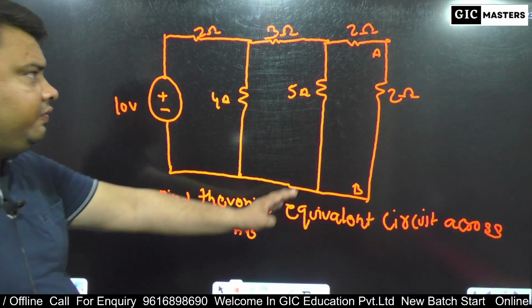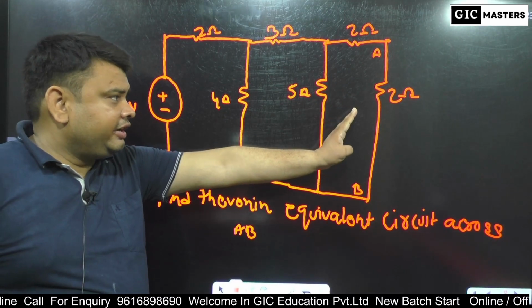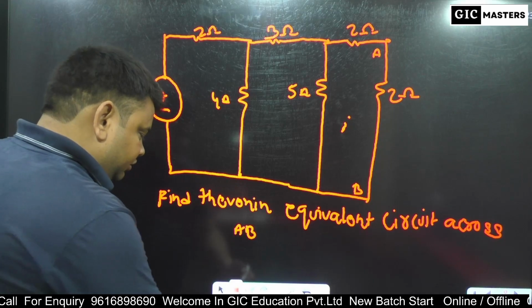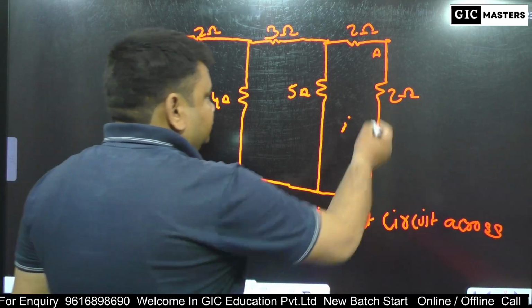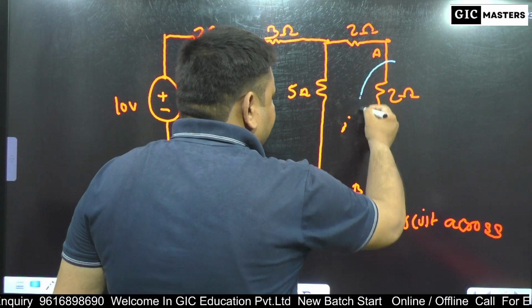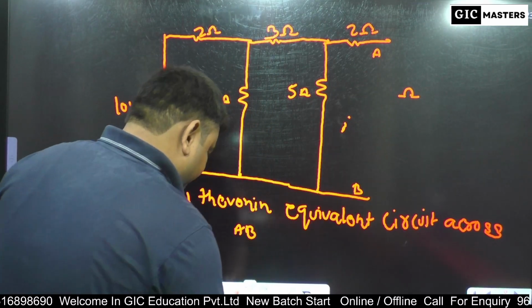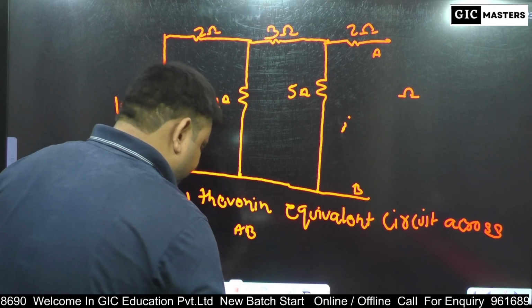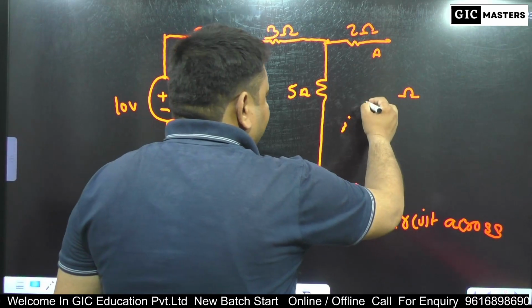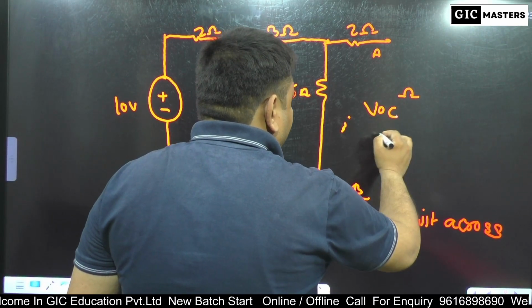First of all, find Thevenin's voltage across AB. Open circuit first, and find EOC.